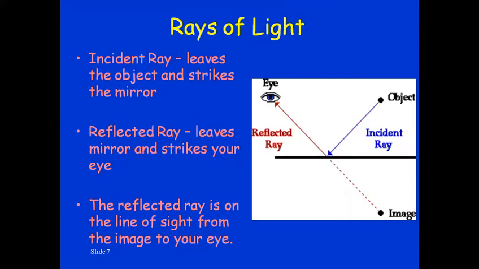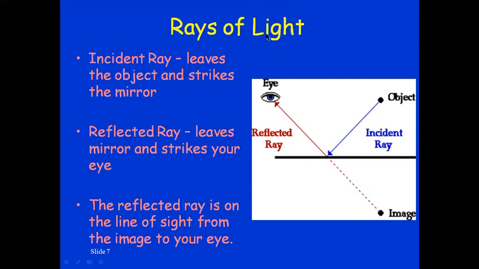So, rays of light. What we were discussing earlier: the rays coming from the object to the surface, plane surface or rough surface. Mostly we are going to discuss the plane surface, that is the mirror.